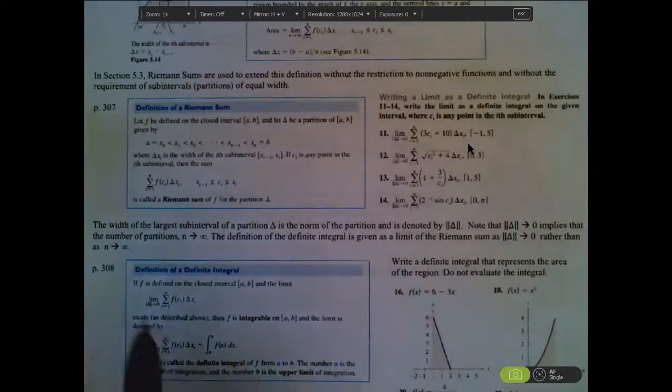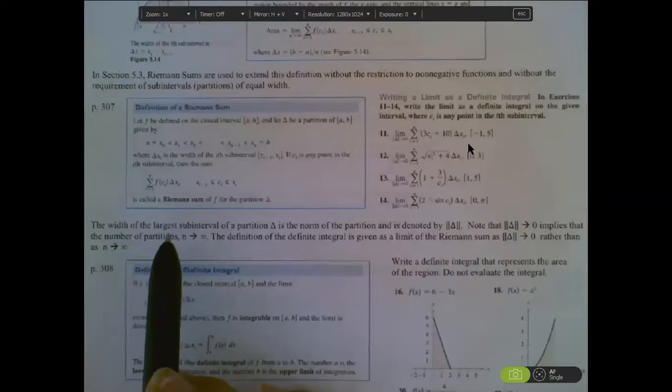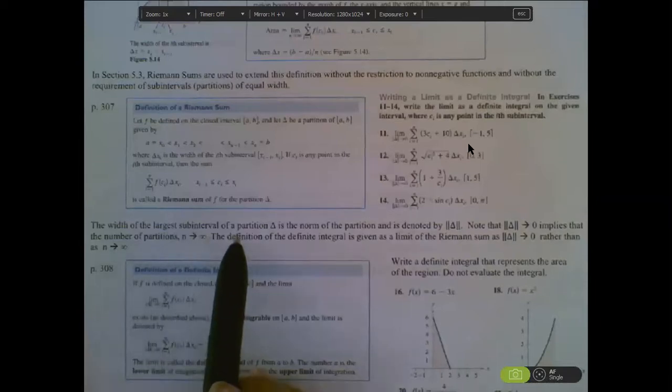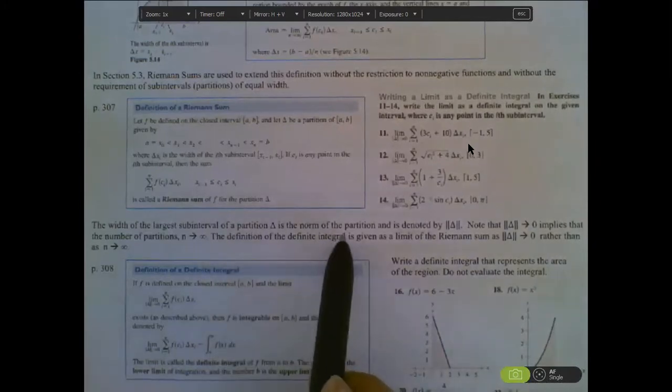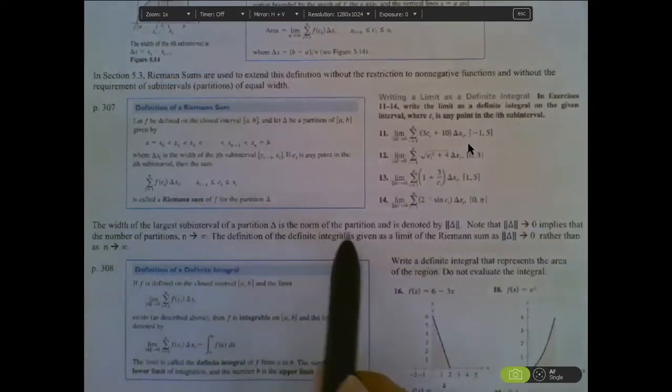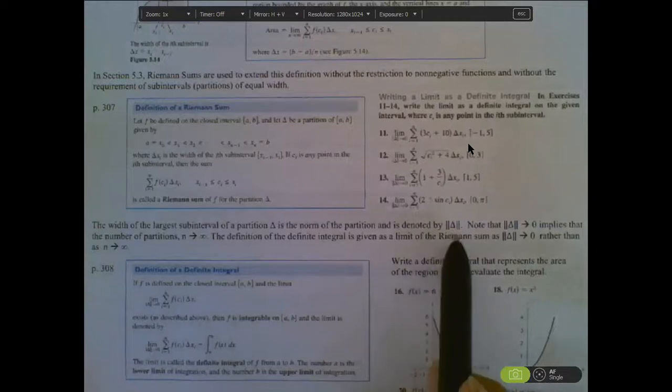Now, hang with me a minute. The width of the largest subinterval of a partition delta, delta is just one of the rectangles, is called the norm of the partition, and it's denoted by what kind of looks like a double absolute value.